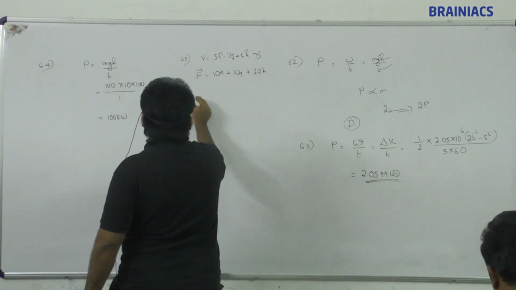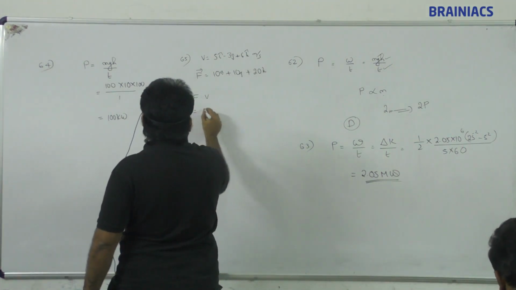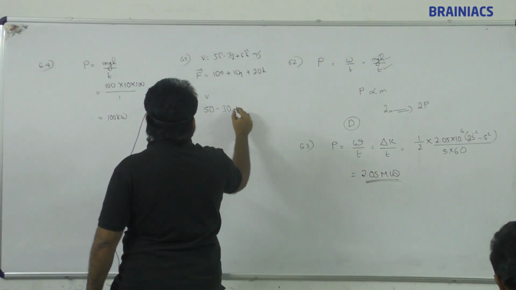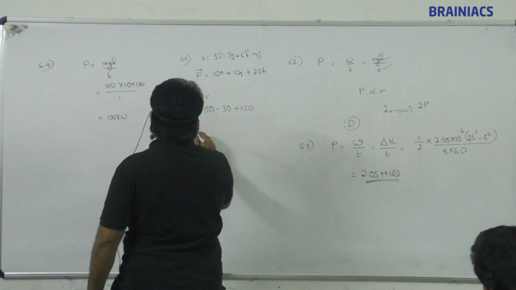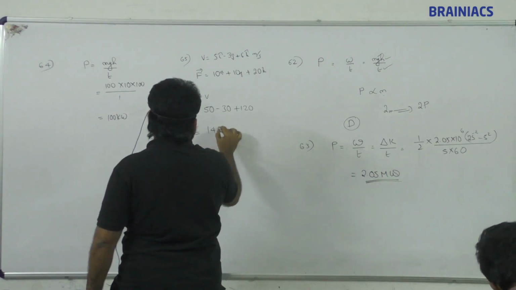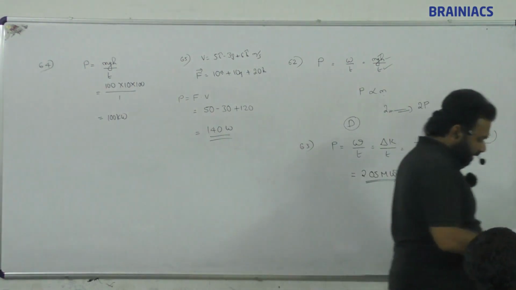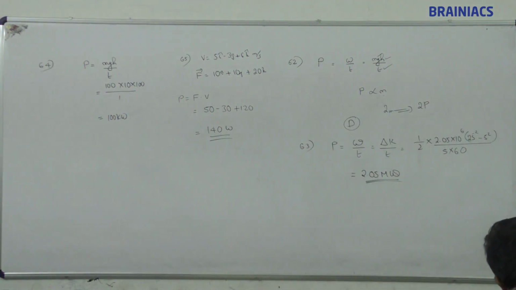So power is equal to F dot V. This is going to be 50 minus 30 plus 120. Okay, so 140 joules per second.